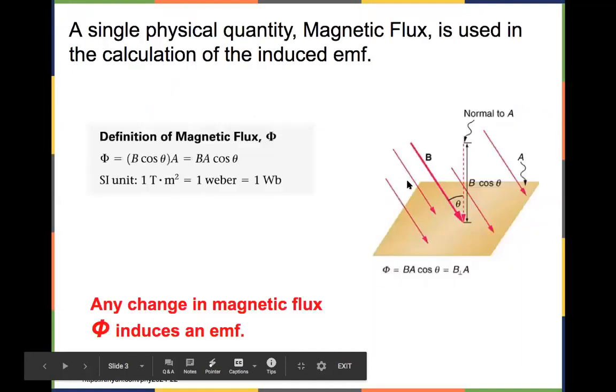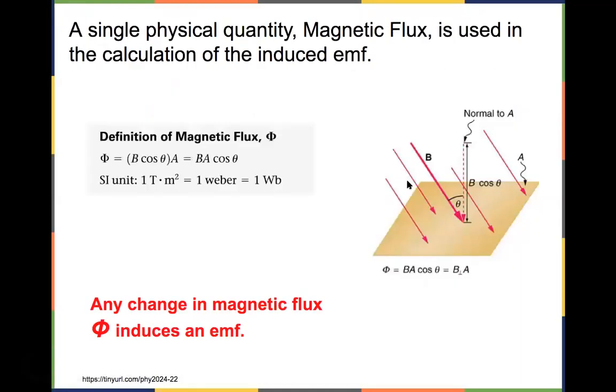In both cases, what you have is a change in magnetic flux, which is defined as the magnetic field B times the area of the coil, or through a particular area, times the cosine of theta, where theta is the angle between the magnetic field and the normal direction of the plane of the loop or area.